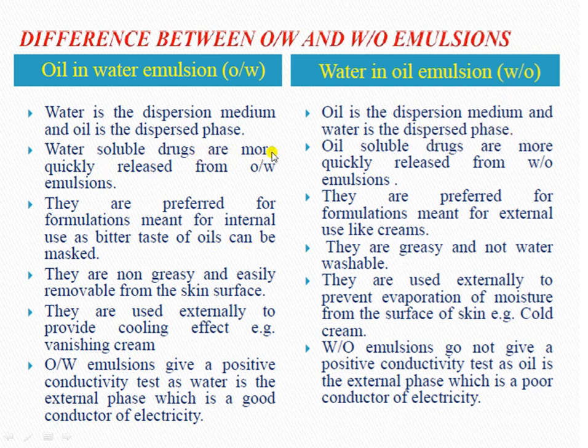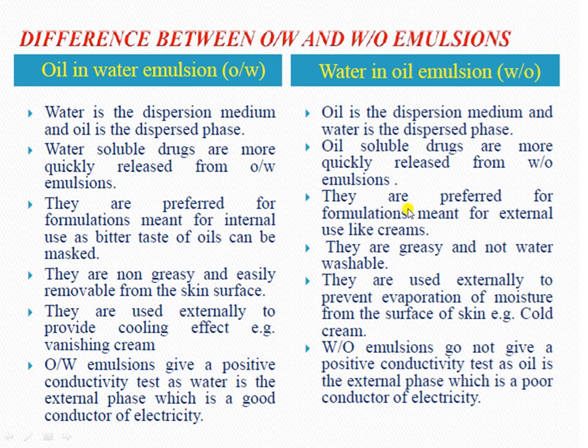Water soluble drugs are more quickly released because water is the continuous phase. Here oil soluble drugs can be easily released because oil is the continuous phase. Then O/W type of emulsion is preferred for formulations meant for internal use as the bad taste of oil can be masked.